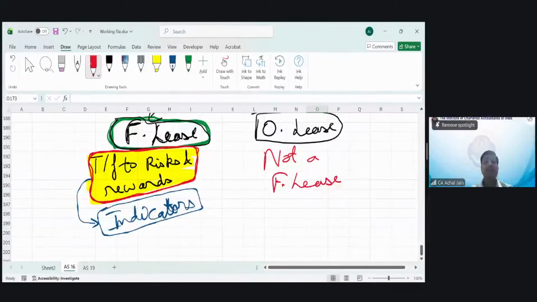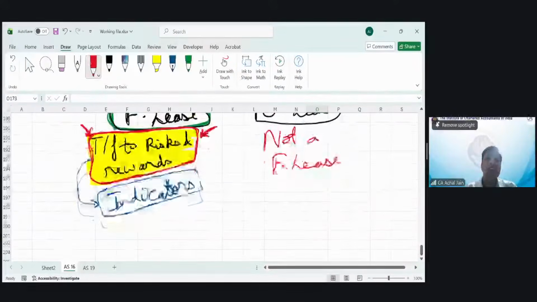Indicator is not the concept. Understood my point? So you can say an indicator is a kind of example given to you. That's not the underlying concept. This is the main thing for you to look at. So now we will talk about those indicators, and with the help of those indicators, we will check whether the lease is a finance lease or not. And hopefully then you will get clarity of what a finance lease is, and how it is required to be recorded. Now, first indicator.